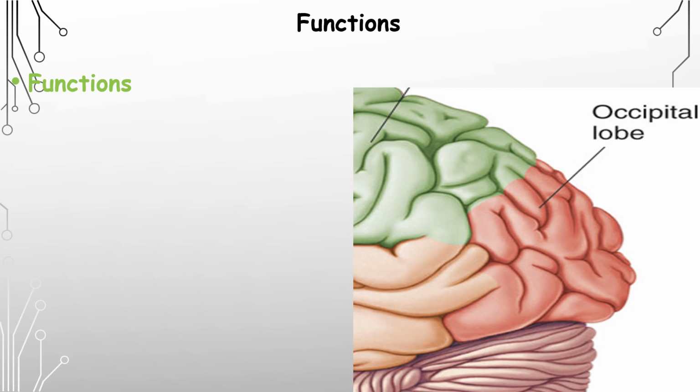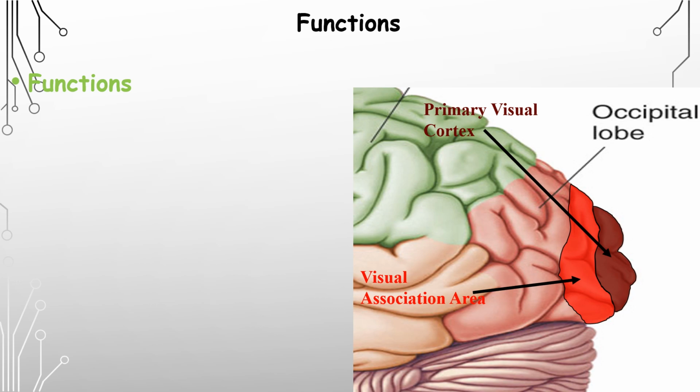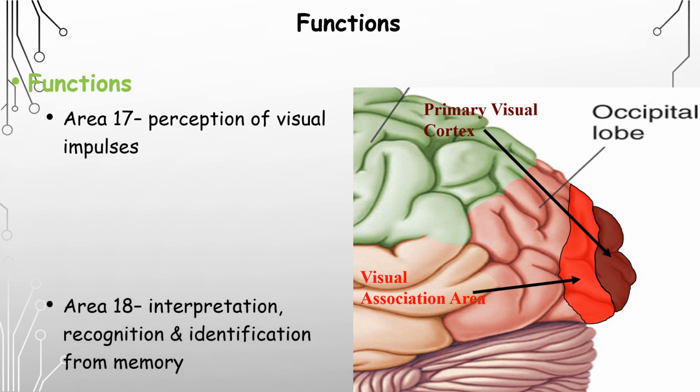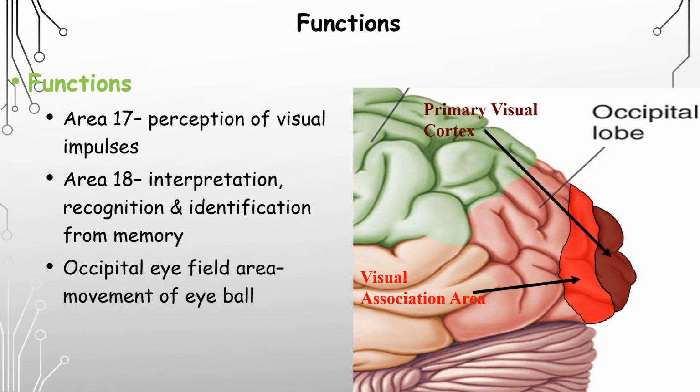Functions of the occipital lobe. So the primary visual cortex is concerned with the perception of the visual impulses, and then visual association areas, say area 18 and 19, they are concerned with the interpretation of the visual impulses, and they are involved in the recognition and the identification of the objects in the light of past experience, and occipital eye field area.